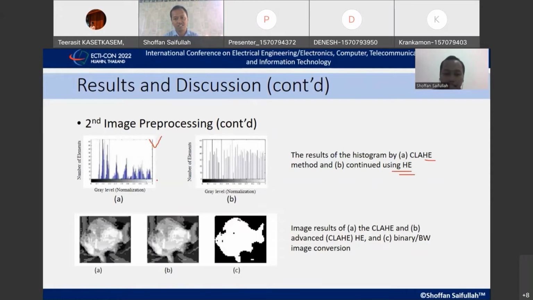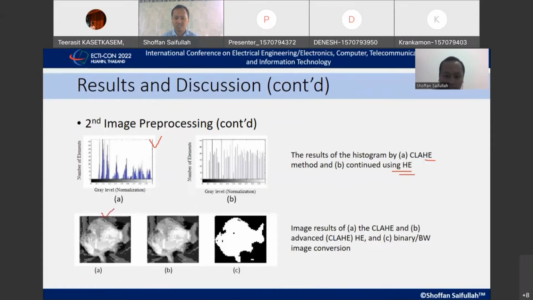Based on the histogram acquisition or image enhancement process, we have the image results after the image pre-processing.